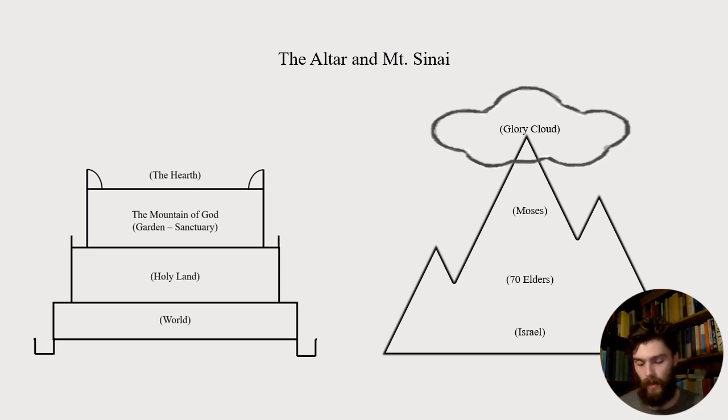Moses alone, as God's representative, is allowed into the sanctuary, or the top of the mountain, where he receives the law of God and receives God's divine revelation. But even he is not able to stand on the hearth or the glory cloud section of the mountain. And I think that corresponds really neatly with the view of the altar that Jordan is portraying there. Feel free again to pause if you want to look at that a bit more, if you want to read that more, but I'll continue.